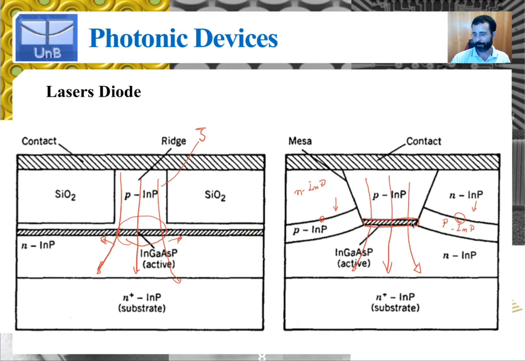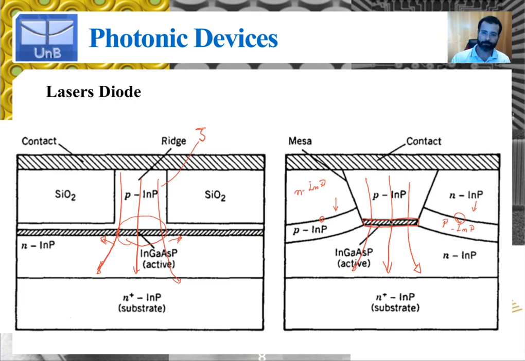the difference in refractive index here, because it's different materials, the increase in refractive index is not due to free carriers, it's due to the fact that it's a different material, a much smaller band gap, so the refractive index is larger, and this is the reason why this confines the mode much more effectively.